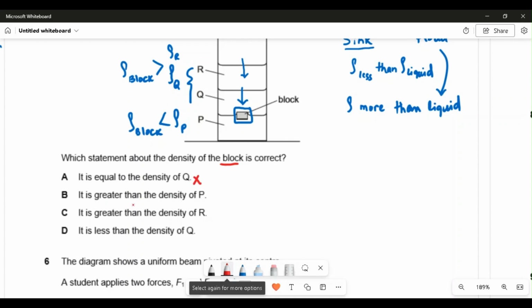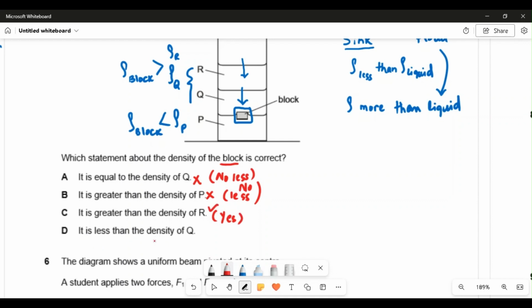Density of the block is greater than P. No, we wrote that the block is less than P. It is greater than the density of R and Q. Yes, it is.